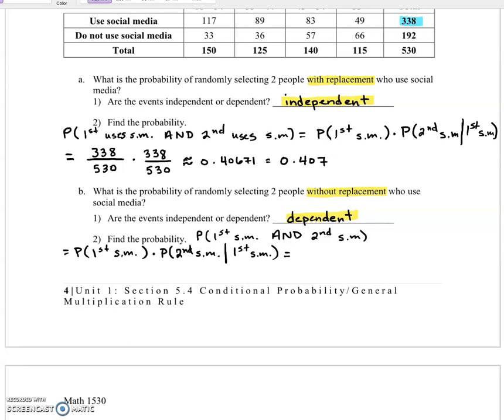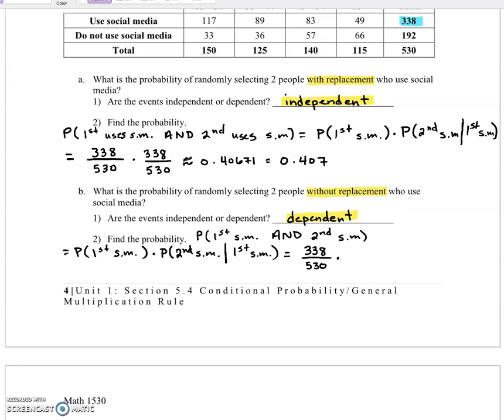So when we pick the first person, remember we have everybody in the pile to start with, so that's just like in the previous part, we have 338 social media users total out of 530 total people. Now, I pick one of those people out. That person uses social media. I send them out into the hall. Now, I only have 337 social media users left, and I only have 529 people total left in the room.